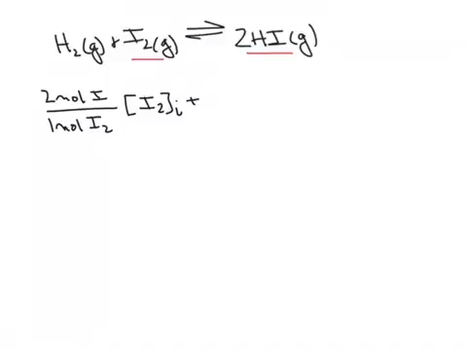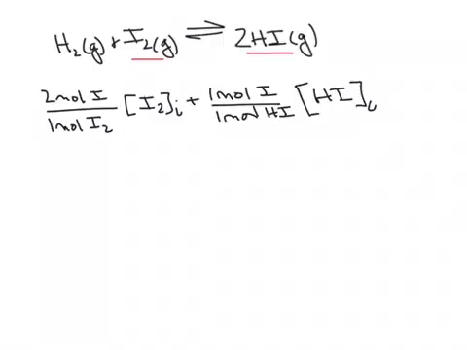And then we could also have some I in HI. Set that equal to the right-hand side, which is our equilibrium side.